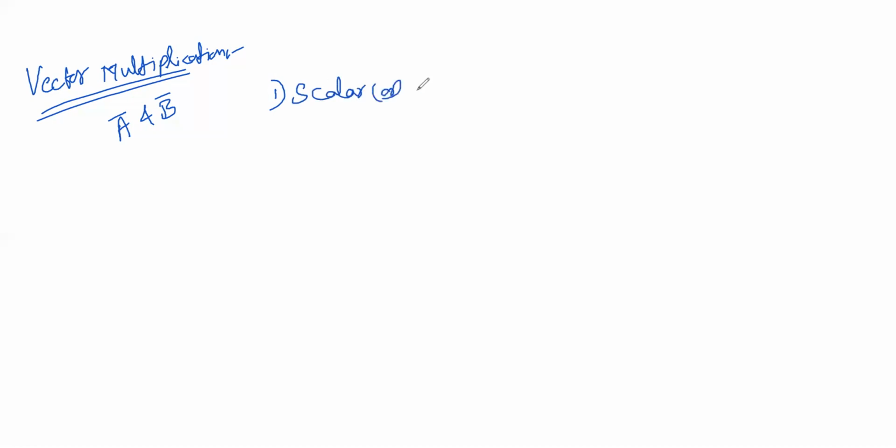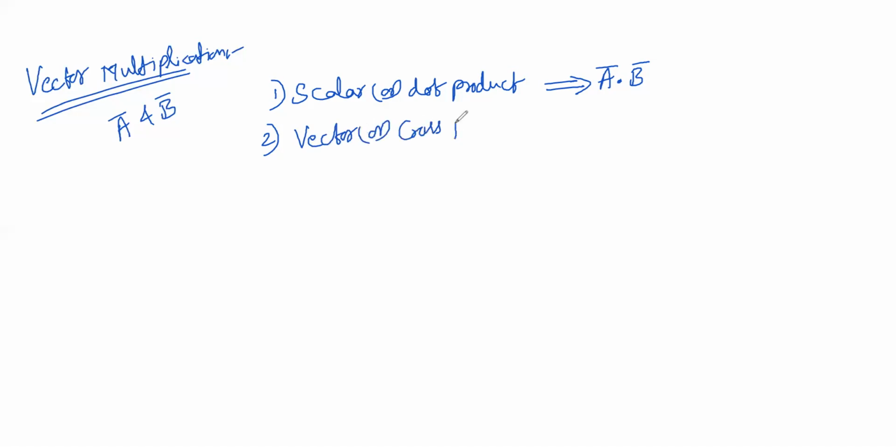The other name for this is the dot product. The notation for this is A bar dot B bar. Then the second one is the vector product. The other name for this is the cross product.